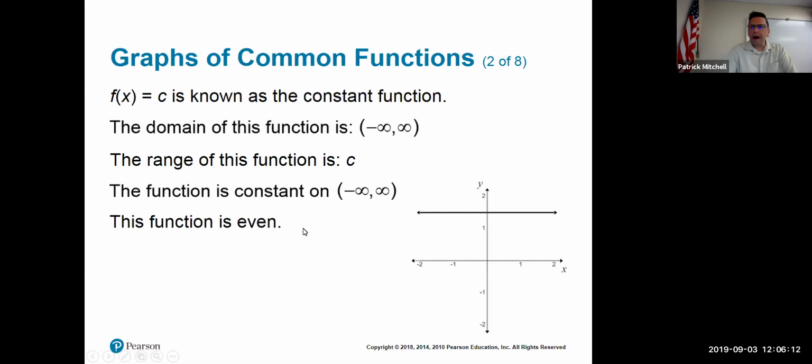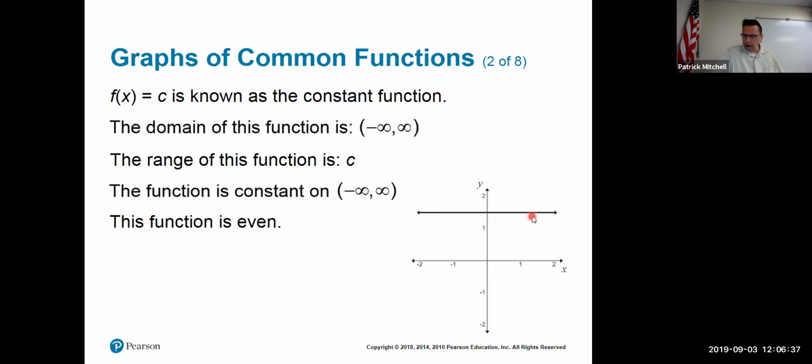So the first common function that they want you to be familiar with is called the constant function. So understand that this number c here will generally be a given real number. So think like f of x equals 4. Actually, on this graph here, it looks like maybe f of x equals 1.5.